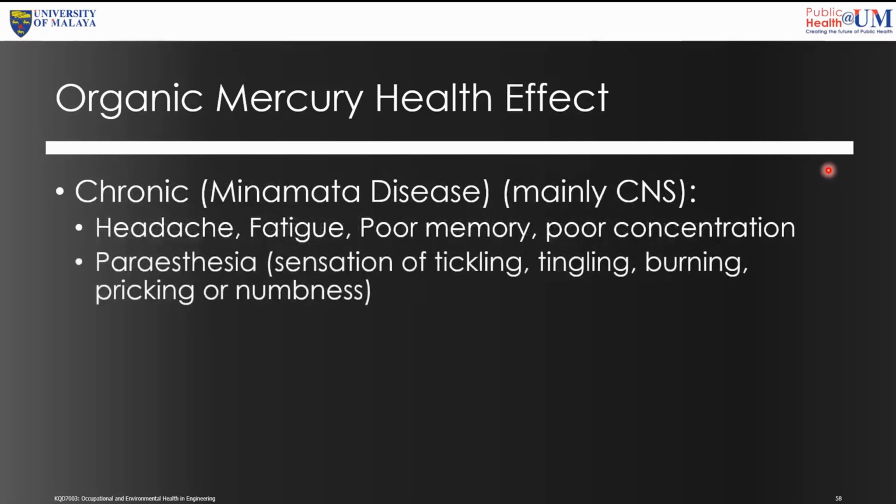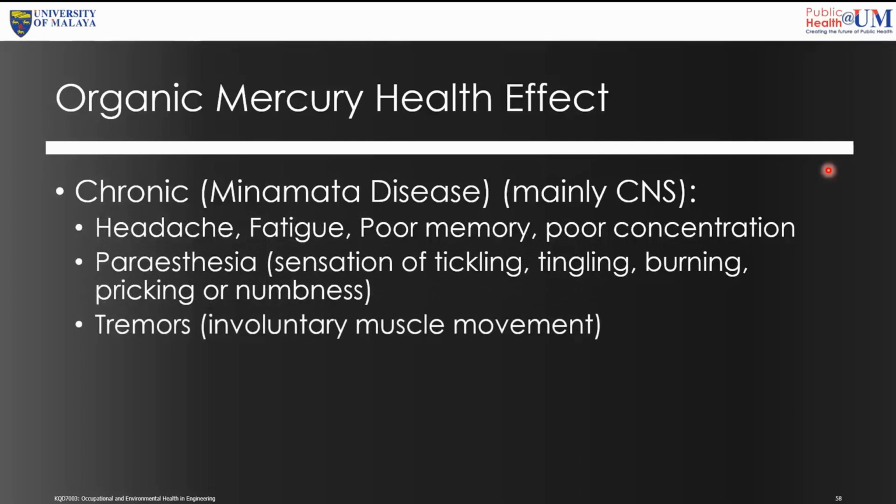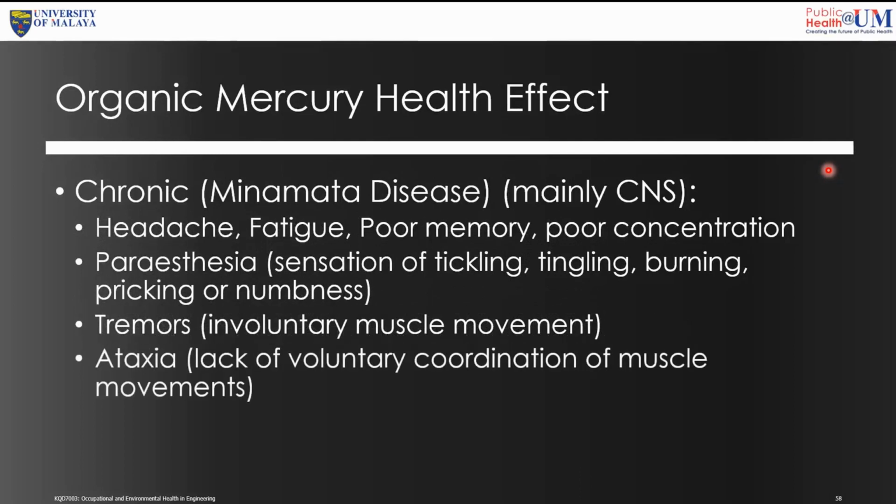Also, long-term exposure to organic mercury. Basically, this is from when you consume fish or seafood that contains mercury. You get headache, fatigue, poor memory, poor concentration, paresthesia. Paresthesia is basically a change in sensation, like tingling, burning, pricking, and numbness.